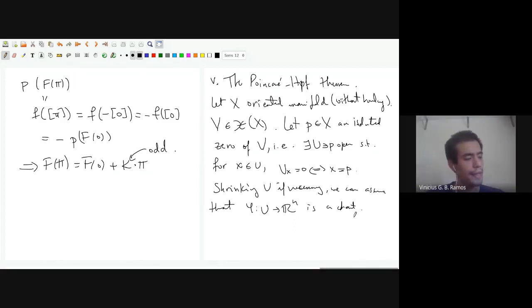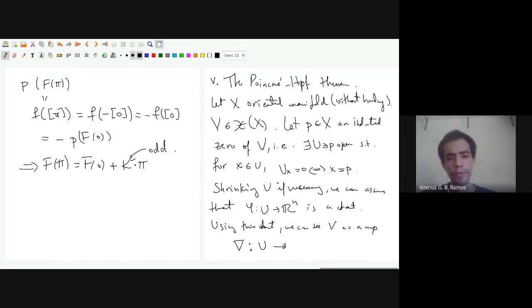Okay, and then using this chart, we can see the vector field as a map from U to Rn. So using this chart, we can see V as a map, V bar, from U to Rn.